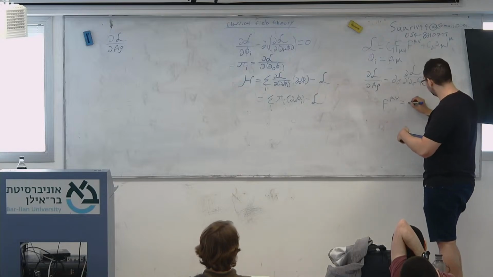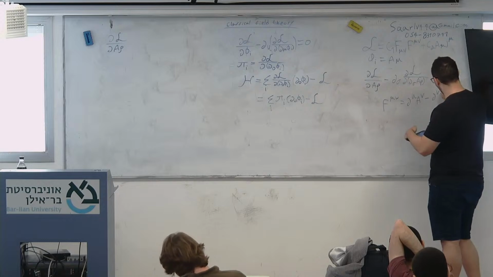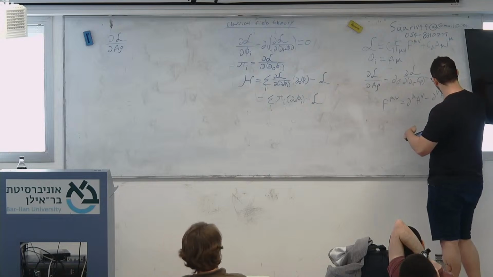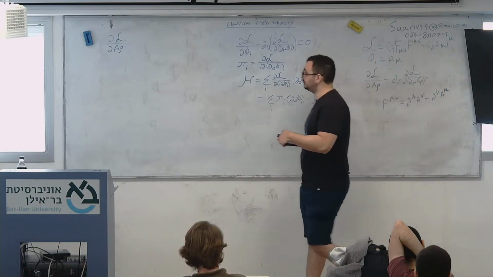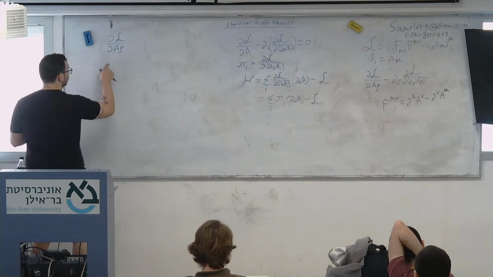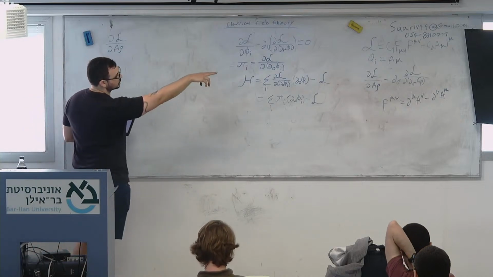So again, let's remind ourselves that f mu u is equal to mu minus mu a mu. So clearly, this term will not be a part of our derivative with respect to the function itself. So we can just take the second term.